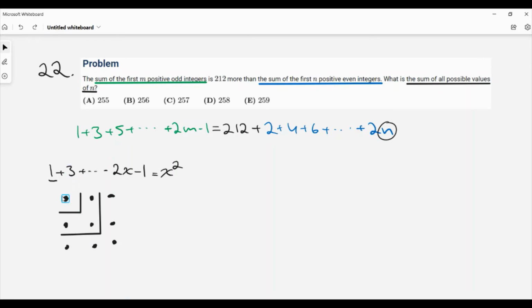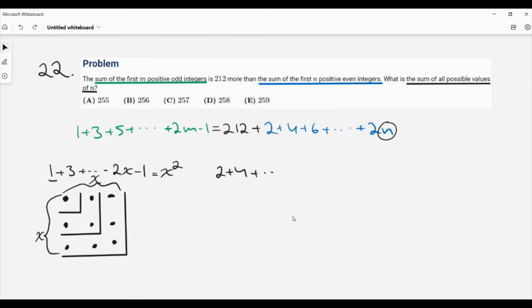And so notice that the result is a square. It has side length x, where there are x odd numbers being summed, and its area, so the number of points in it, is just x squared. But it's also equal to this thing right here. So that is the proof of this formula right here. So this is in fact m squared.